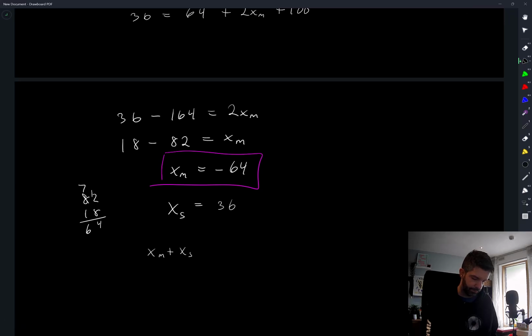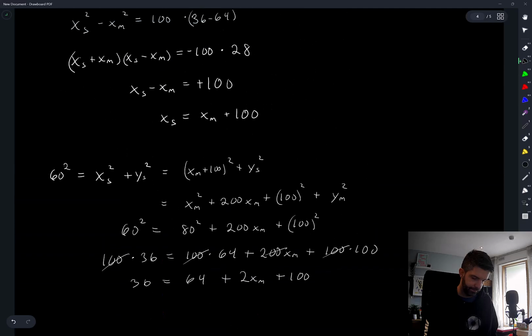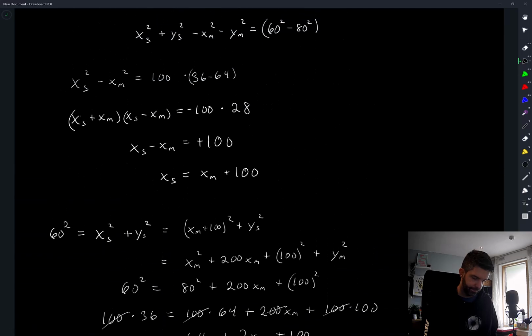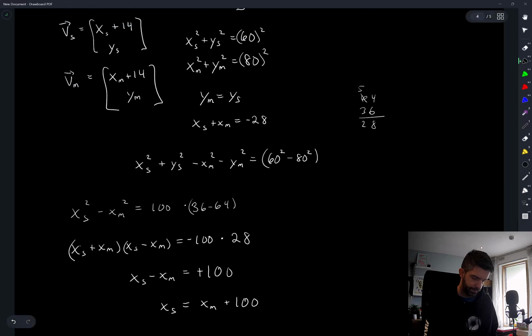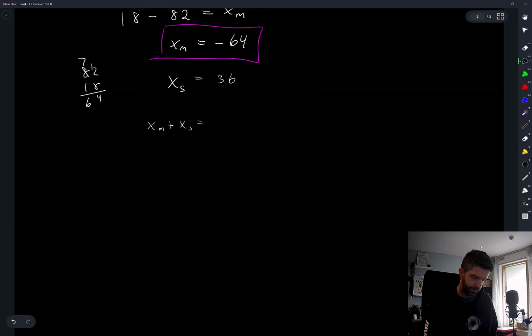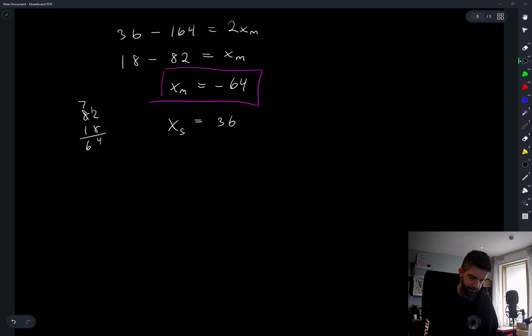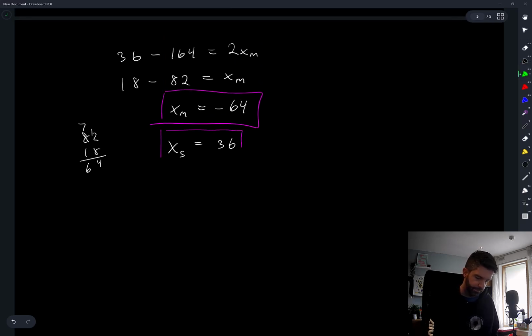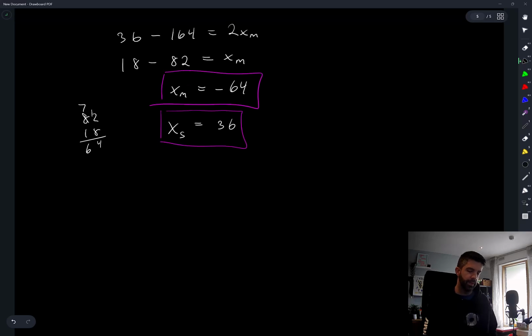Xm plus xs should be negative 28. 64 minus 36. Yes. Okay.